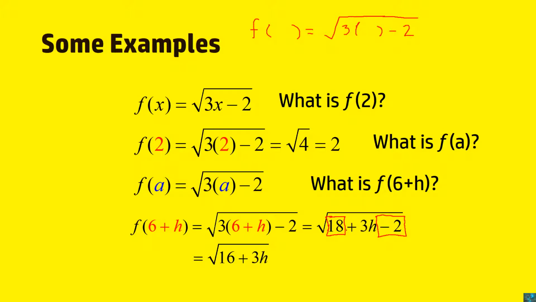Of course, the 3h is not like the other two things. It cannot be combined. We're going to have the 16 and the 3h. That is not 19h. So we are not going to simplify that any further. It's not the square root of 19h, it's just the square root of 16 plus 3h.